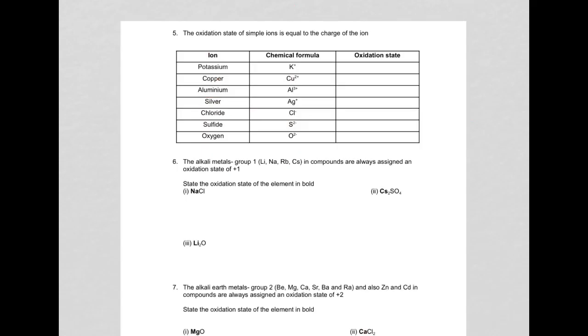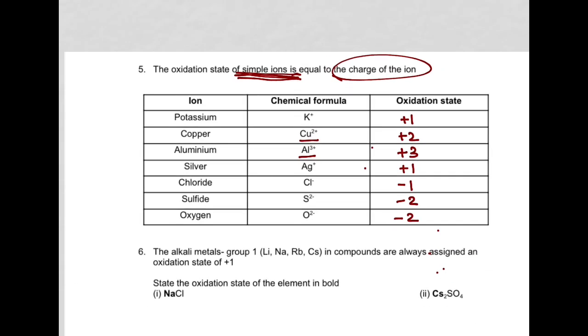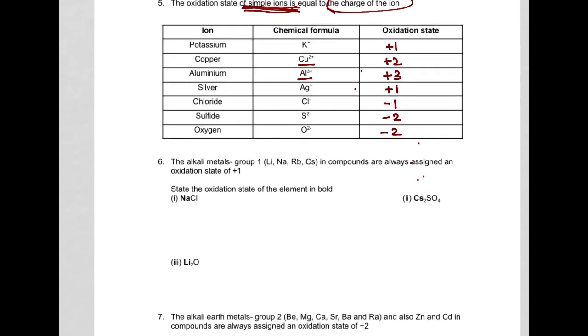Let's look now at the oxidation state of simple ions. For simple ions, the oxidation state is equal to the charge of the ion. So K plus oxidation state +1, Cu2 plus +2, Al3 plus +3, and so on. Always remember you put the charge before the number.